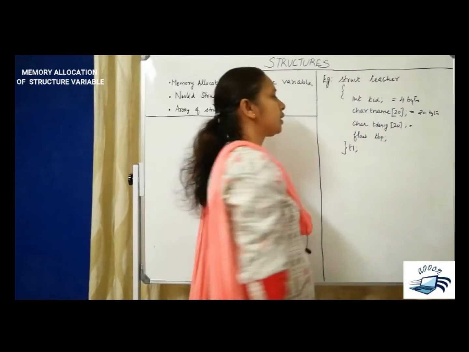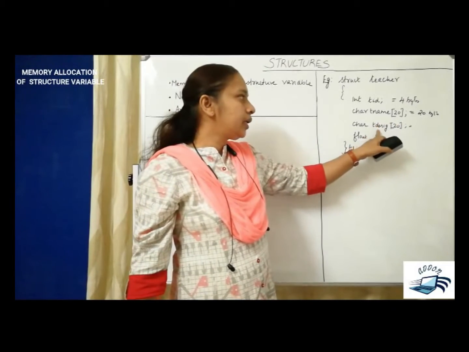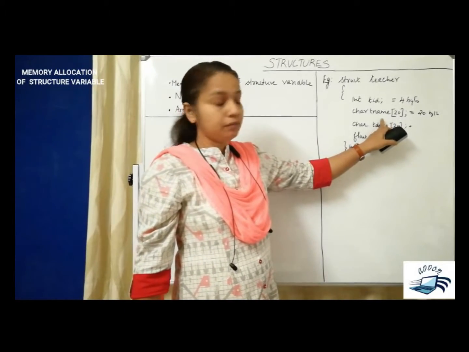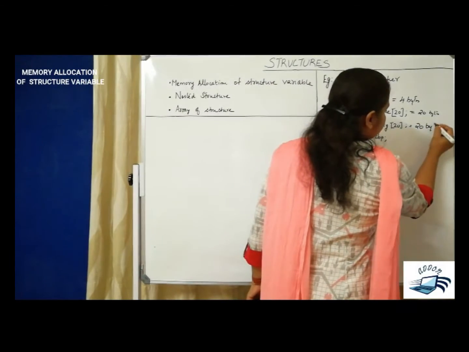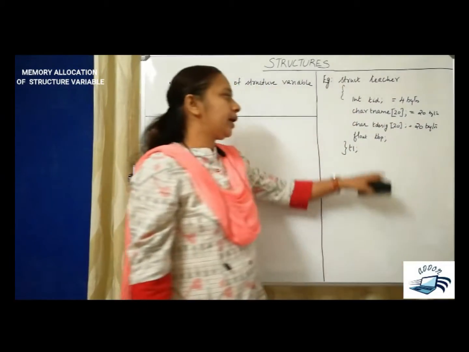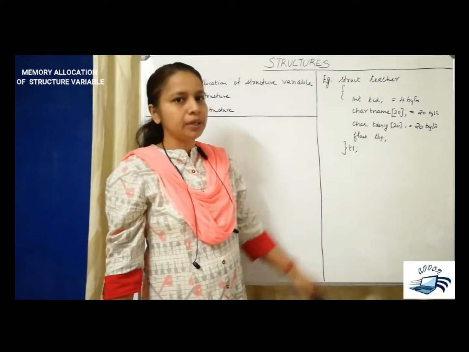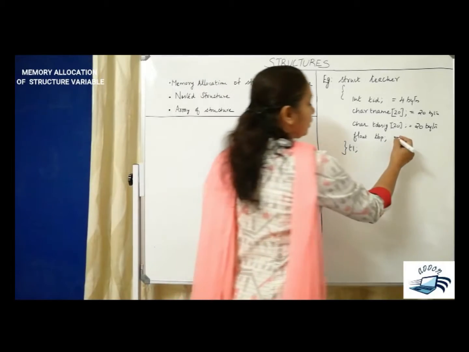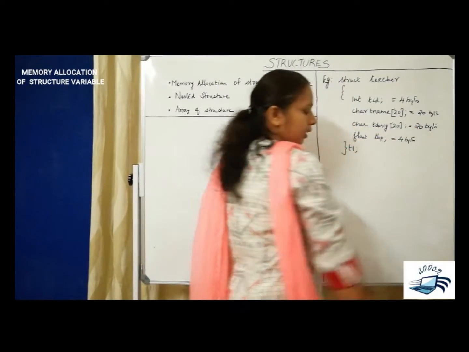TDESIC also can contain 20 characters, so TDESIC will require 20 bytes of memory. And the last one is TBP. It is of type float, so TBP will take 4 bytes of memory.